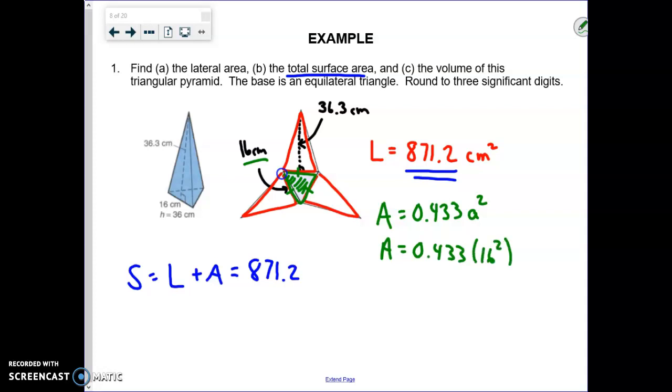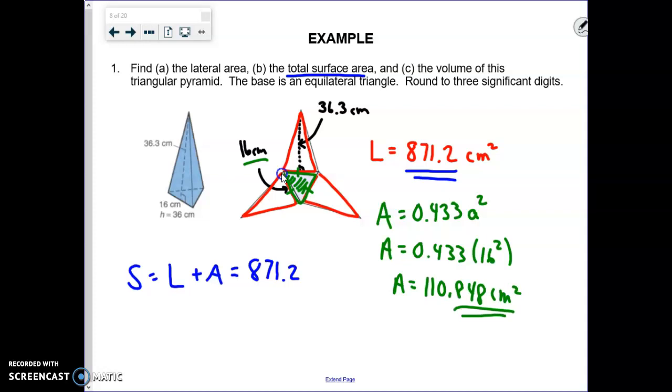So on your calculator, you're going to take 16 squared first, and then you're going to take that times 0.433. And if you do that, the area of the base, the area of that equilateral triangle, is 110.848 centimeters squared. So what are we going to do with that? We're going to add that to our lateral area.